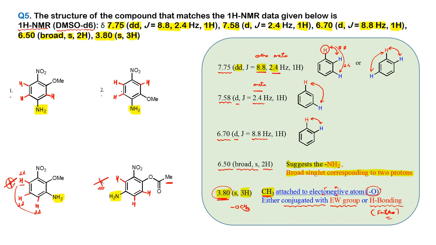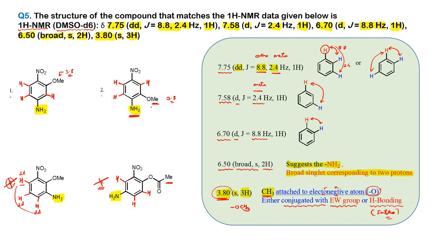Out of the first and the second compounds, as we are seeing, there are very marginal counterpoints between these two compounds. One of the things that we need to understand is, if we are thinking about 6.5 for NH2, and of course the CH3 is around 3.8, expecting that this CH3 appears at 3.8, then which of these structures will most likely accept it?